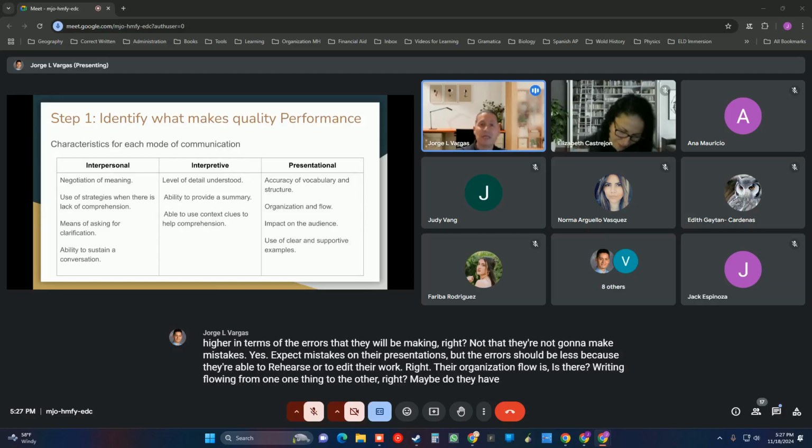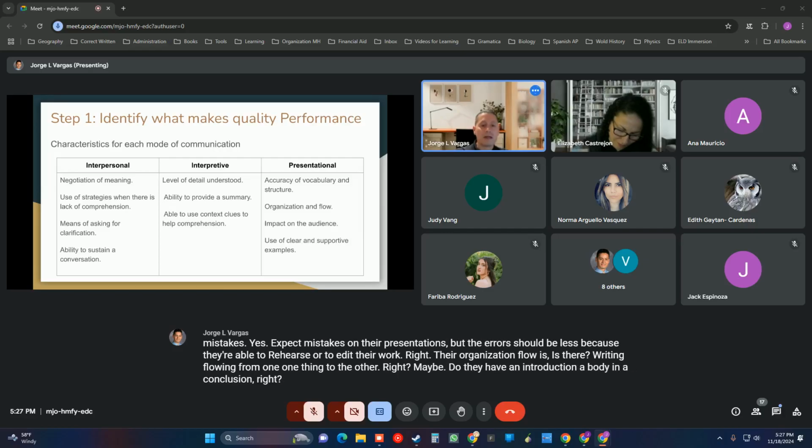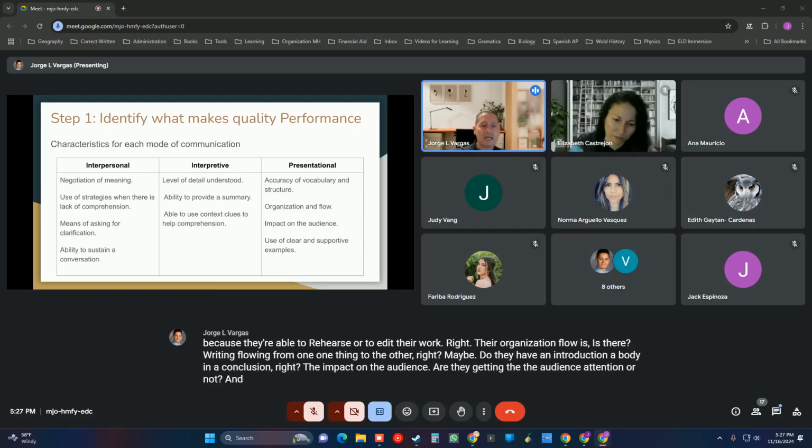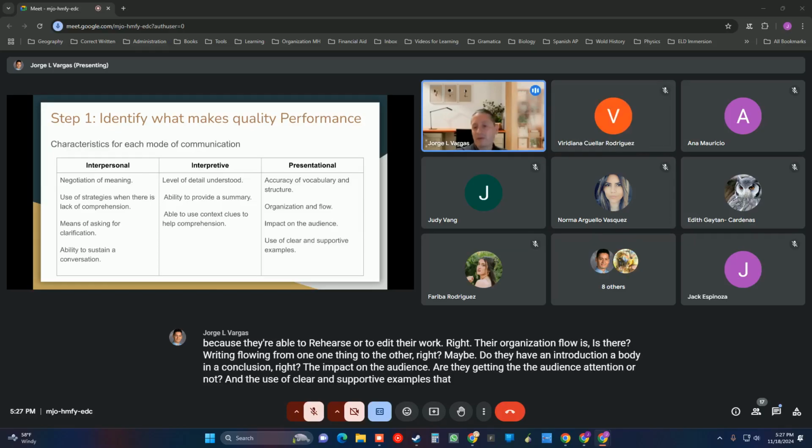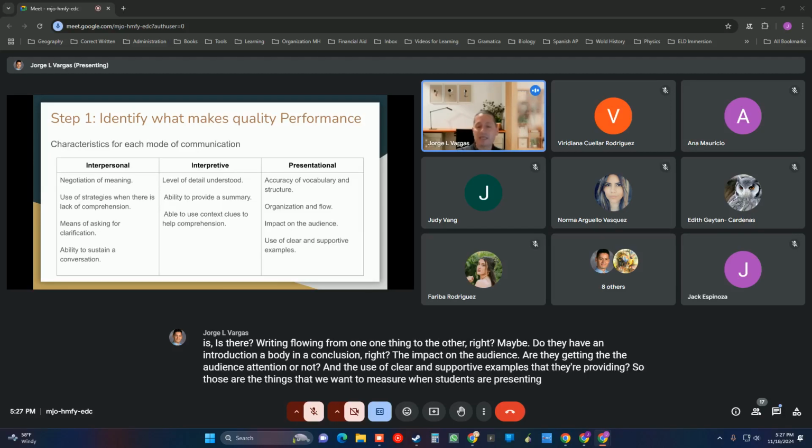Those are the things we want to measure when students are presenting, not necessarily the quantity of vocabulary they're able to produce. We're focusing more on the quality of vocabulary. All right, questions?